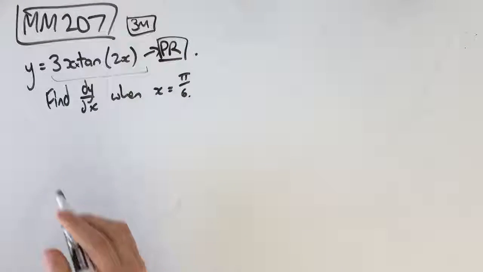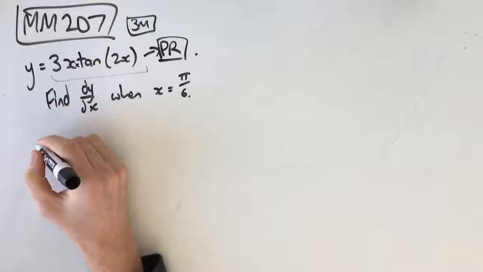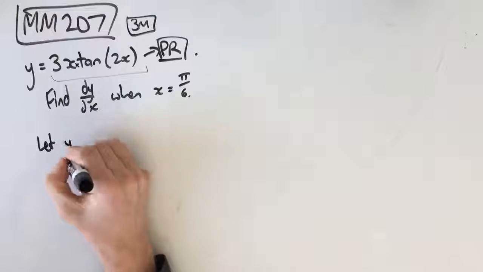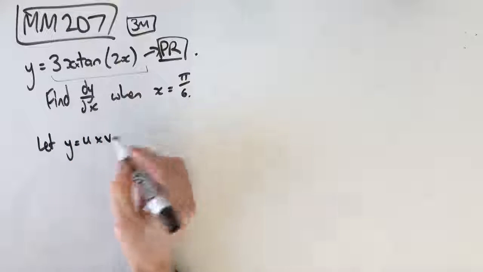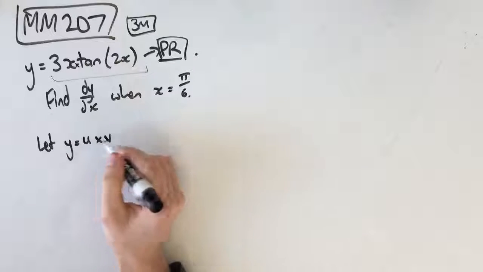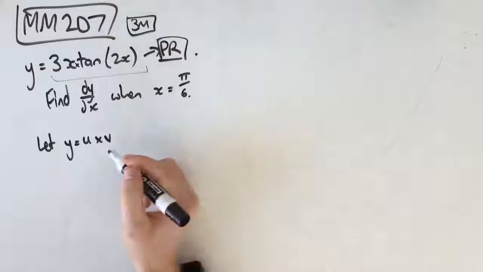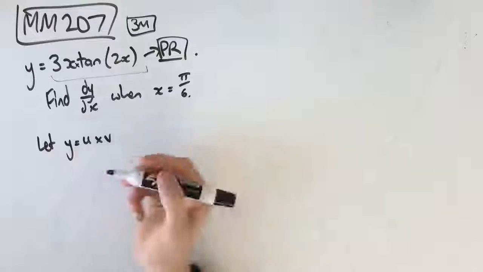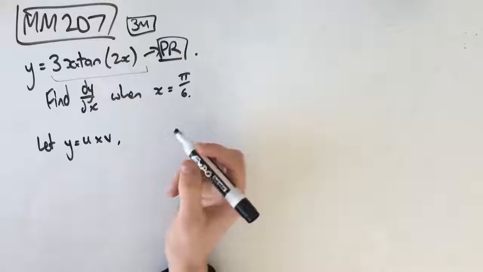Awesome. First of all, we're actually just going to rewrite this function. So we're going to say let y equal u times v. And if you're going to be doing these sort of questions, guys, you've got to say let, right? You just need to do it because if you're pulling u and v out of nowhere, you've got to say that you're kind of letting it equal that.